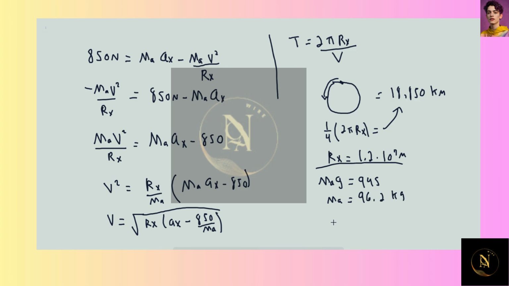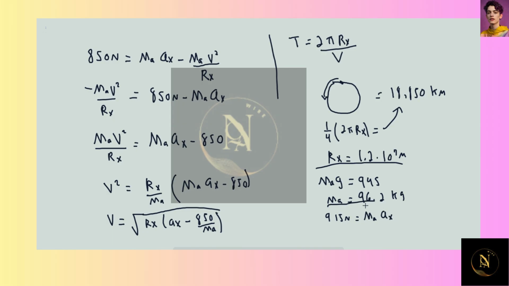Then given that at the pole on planet X, where there'd be no centripetal force acting, the astronaut weighs 915 newtons, that should be mass of the astronaut times a_x.